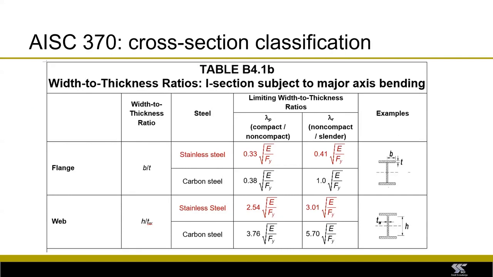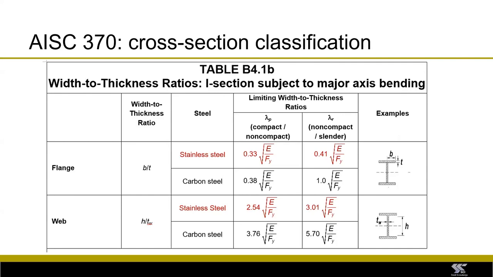Completely different example here concerning cross-section classification. Now it's necessary to check the width to thickness ratios of elements of cross sections if they're subject to compressive stresses, and you compare them against limiting ratios because you're concerned about the possibility of the cross section to buckle locally.